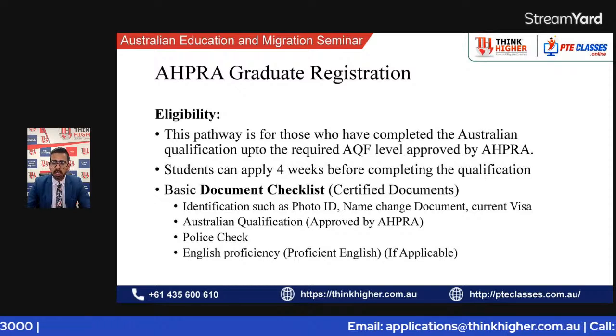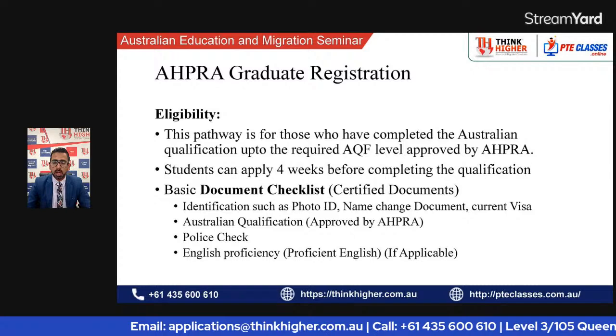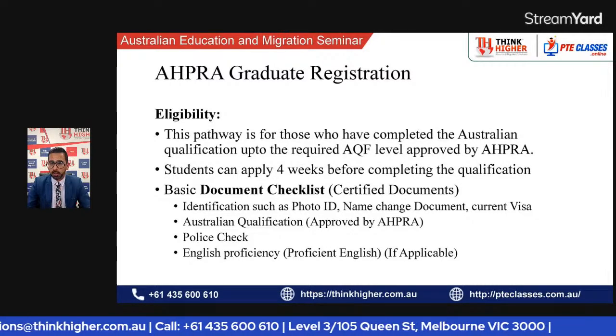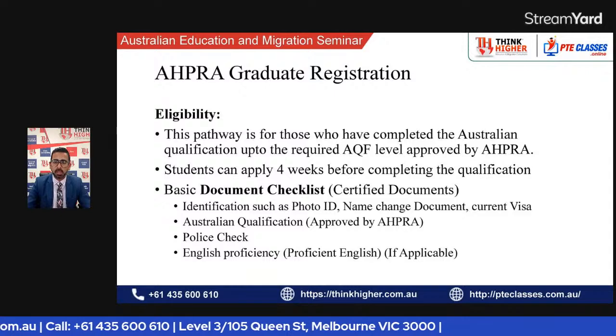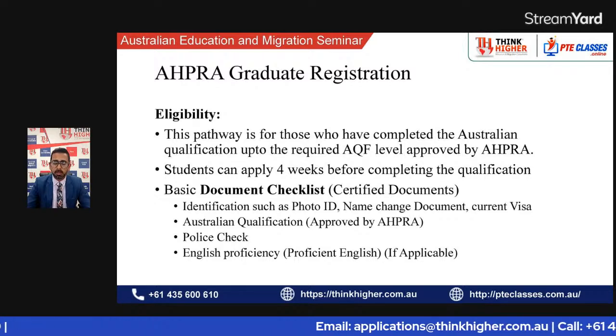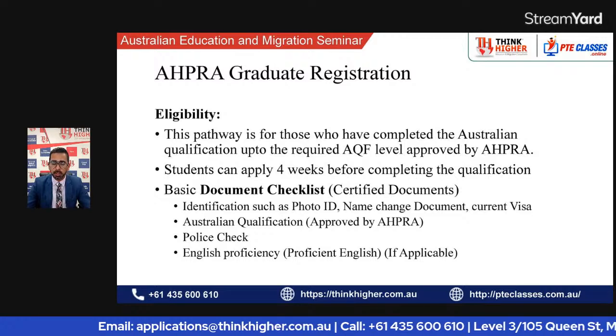This is because they have heaps of applications and they don't want you to be at a disadvantage by not applying earlier and then missing any state sponsorship applications or any PR pathways. So make sure you do this. If you're studying either a diploma of nursing or bachelor of nursing, you can still apply just before finishing, at least 4 weeks prior.